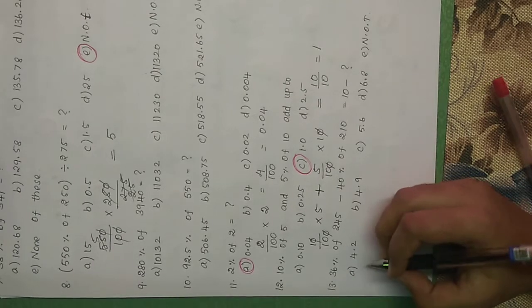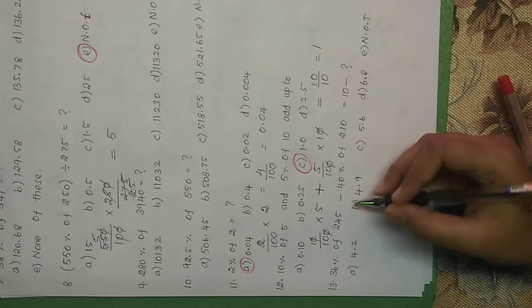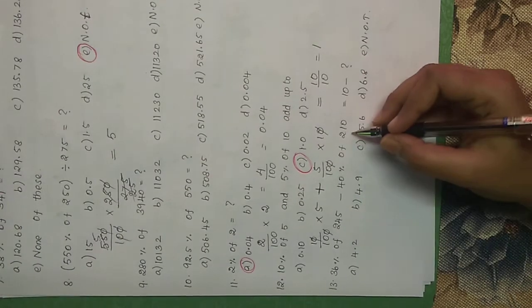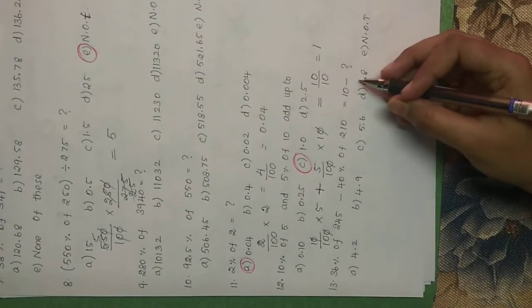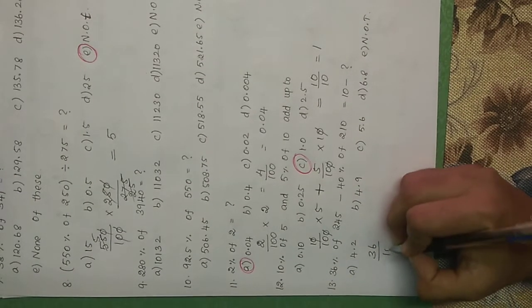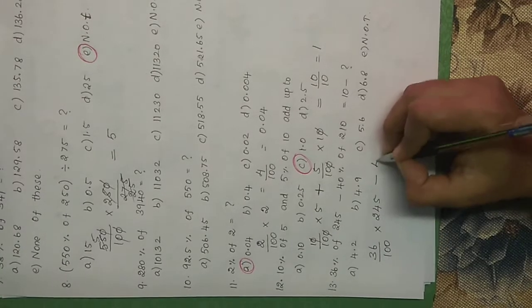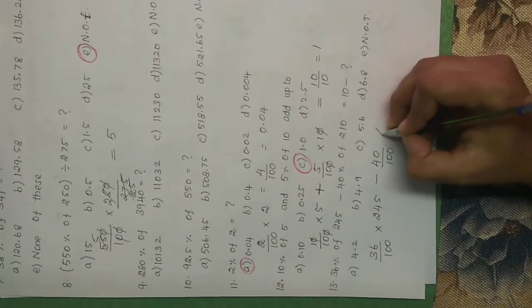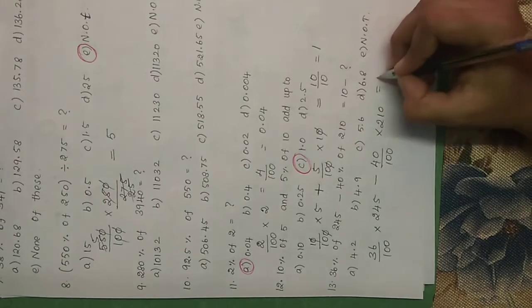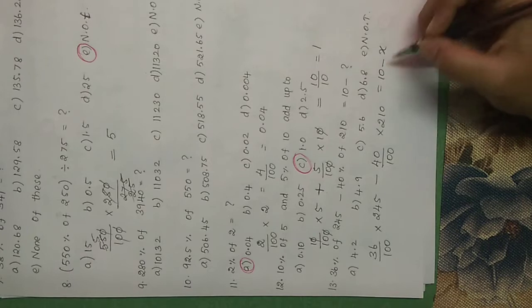Next problem. 36% of 245 minus 40% of 210 equal to 10 minus what? 36 divided by 100 into 245 minus 40 divided by 100 into 210, that is equal to 10 minus, here I put x.